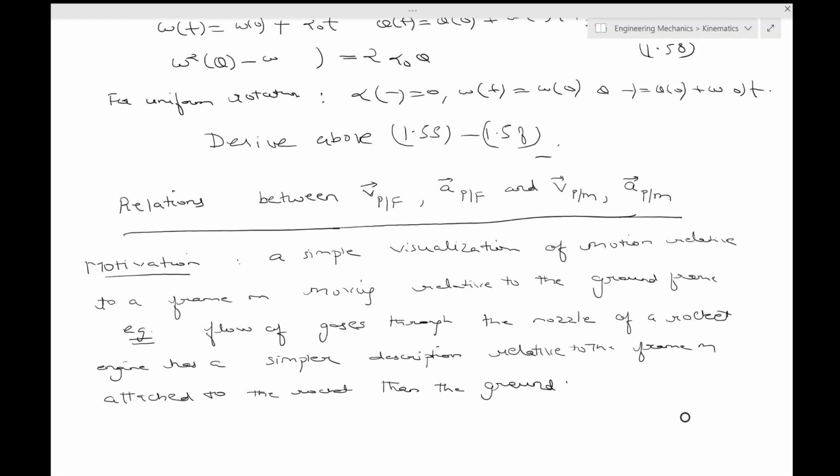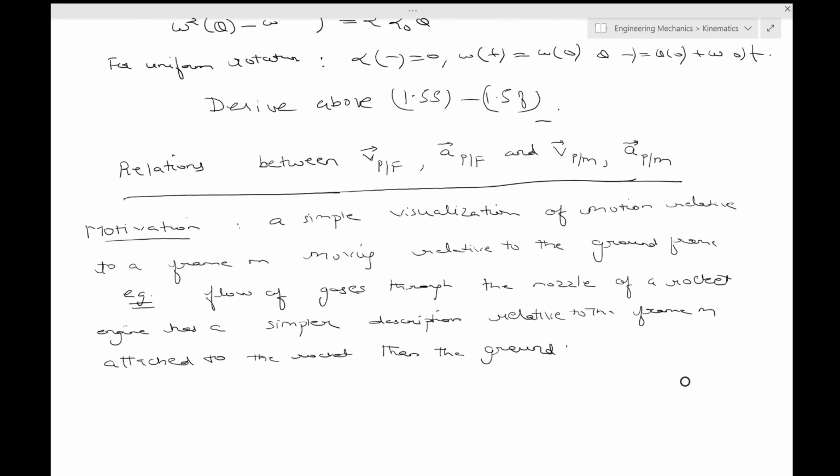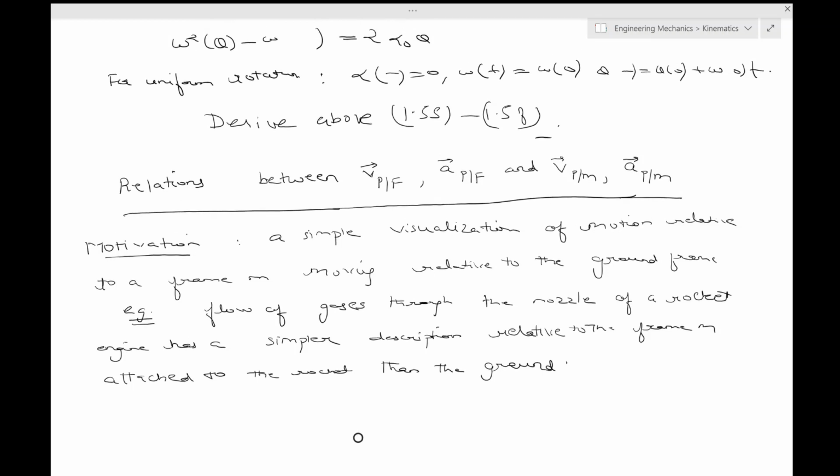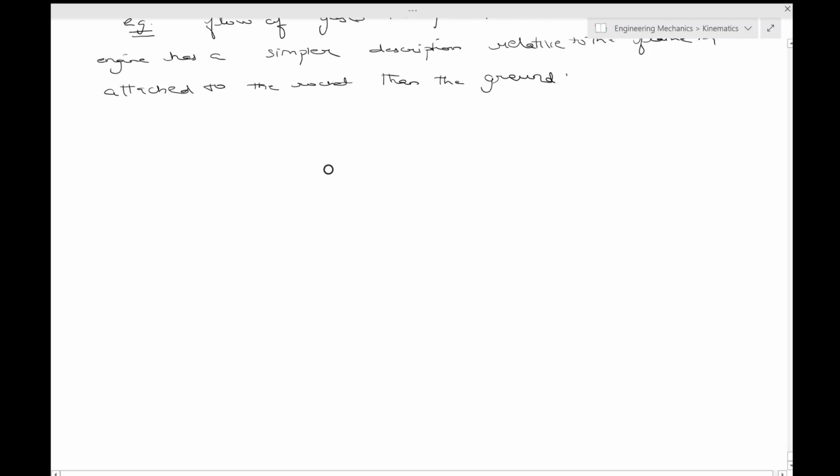And there are many other examples or motivations you will see during the course when you start attempting certain examples and problems. Okay, so let's have a physical picture first, like a diagram.